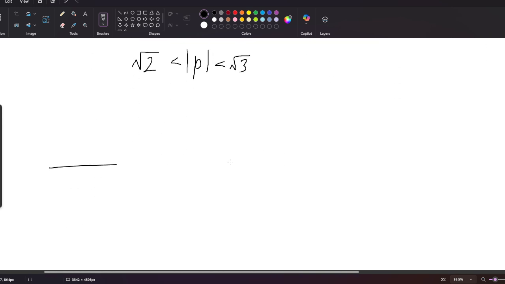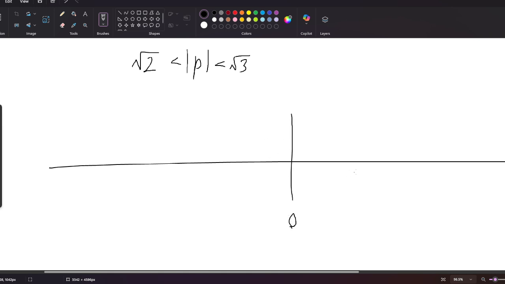And if we were to plot this on the number line, let's say that is 0, square root of 2, square root of 3, in the same manner here.